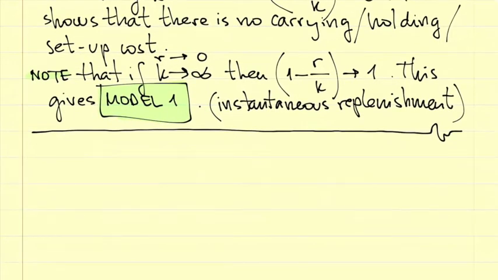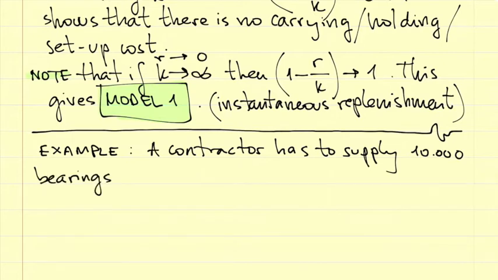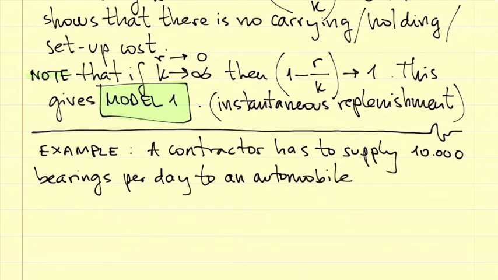So example, a contractor has to supply 10,000 bearings per day to an automobile manufacturer.